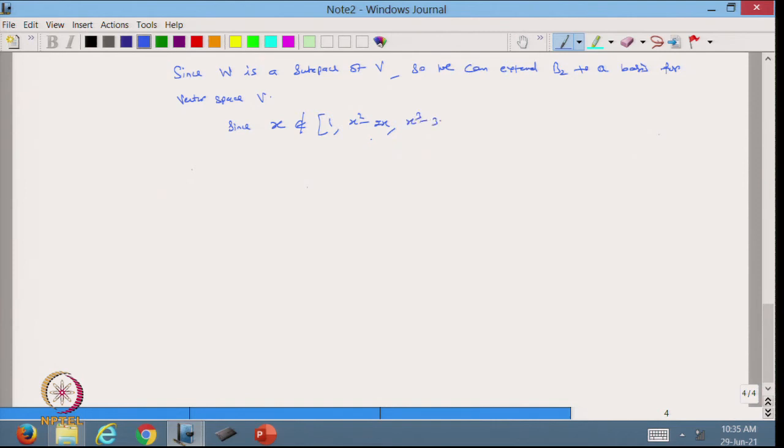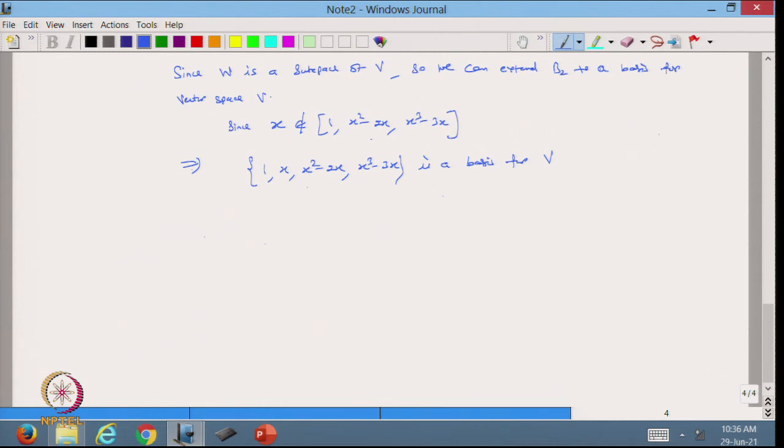So, we can say that the set 1, x, x square minus 2x and x cube minus 3x is a basis for V, and now it is 4 dimensional. So, by the extension theorem we are able to extend the basis to a basis of V. So, this thing is over.